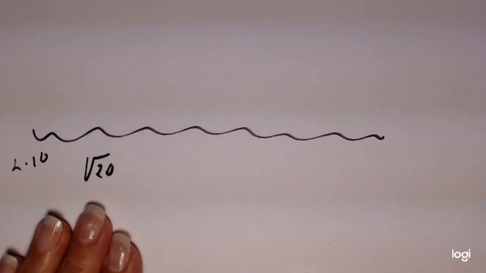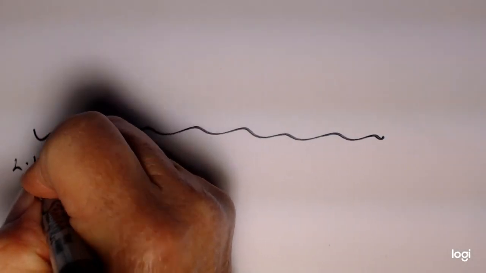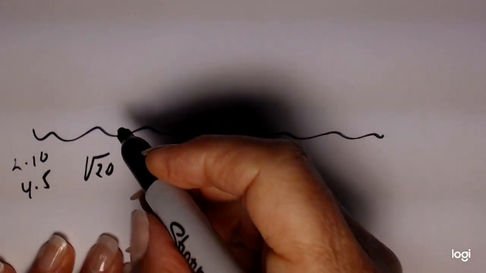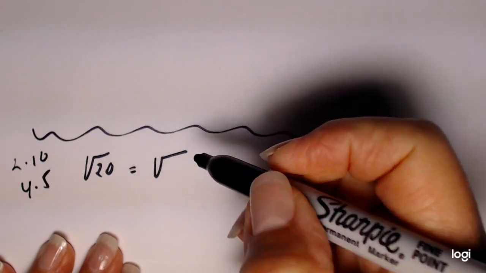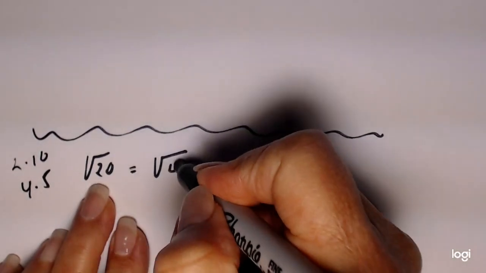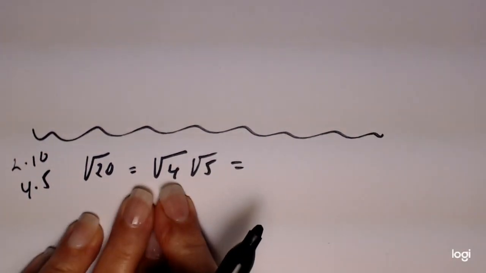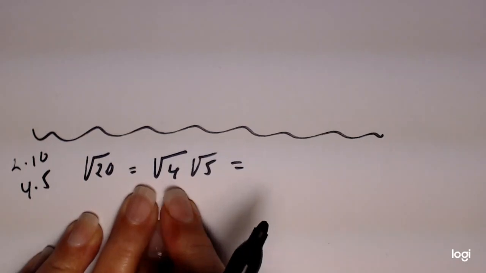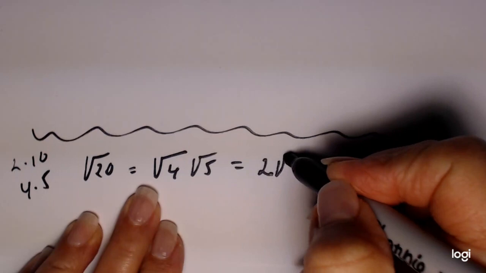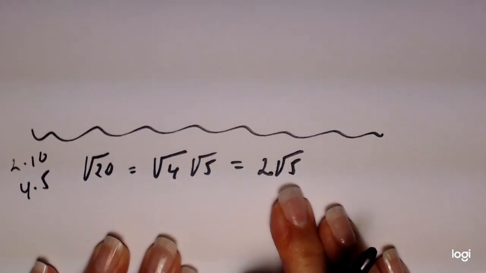Neither 2 nor 10 is a perfect square. Other factors of 20 would be 4 times 5. That's useful because the 4 is a perfect square. So we can break 20 down as the square root of 4 times the square root of 5. And now the square root of 4 is 2. So we can take that out of the square root symbol, and the square root of 5 just sits there. We can't do anything. That 5 is not a perfect square.